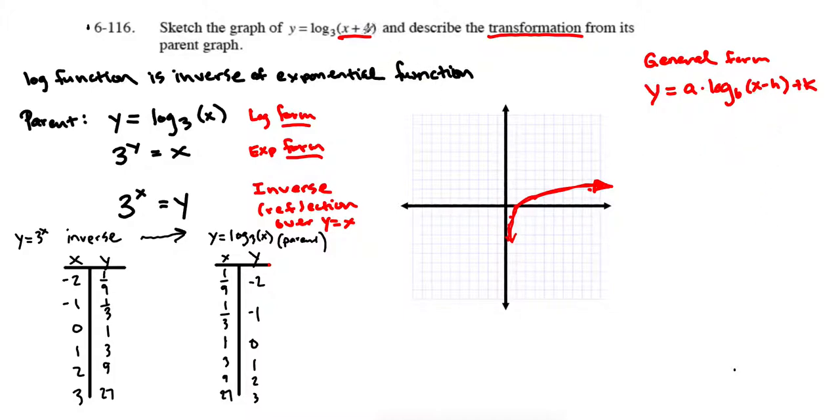So as we look at x plus 4, if we have x plus 4 in here, that means we are going to translate left 4 units. So what ends up happening is this asymptote that we've got here, which runs right down here.